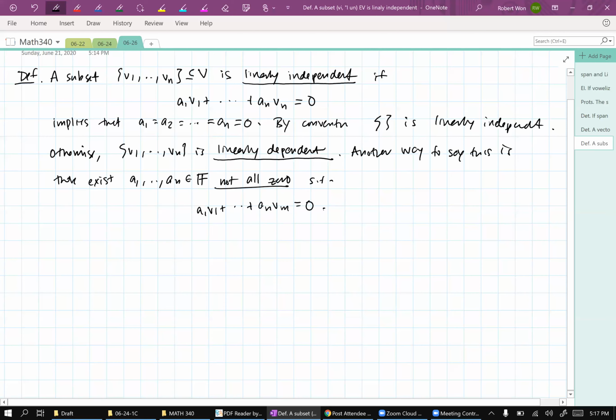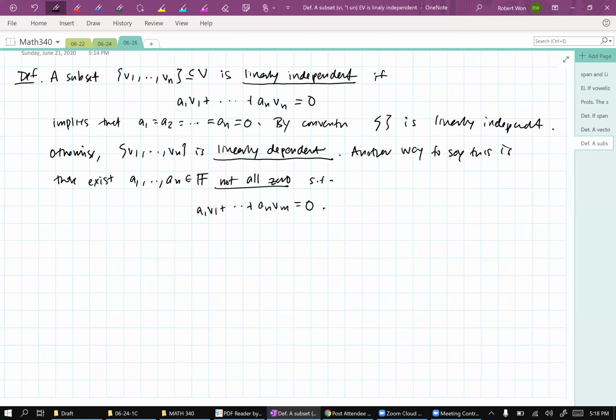Okay, so somehow the statement of being linearly dependent is like an existence statement. It's a bit more constructive in a way. A set of vectors is linearly dependent means that there exists a set of scalars. The definition of being linearly independent is sort of a universal statement. It's saying no matter what you do, you can never get 0 except for the trivial linear combination.